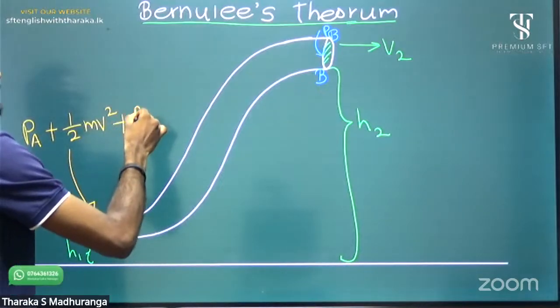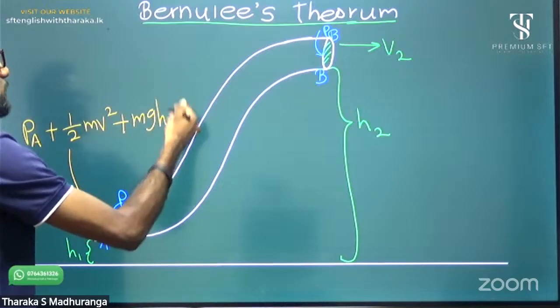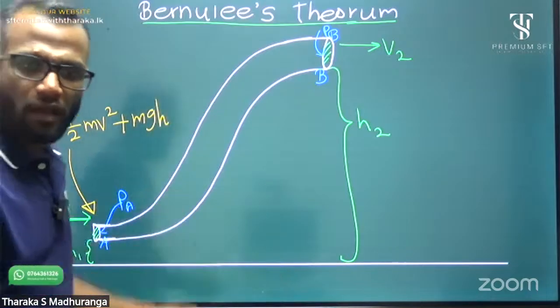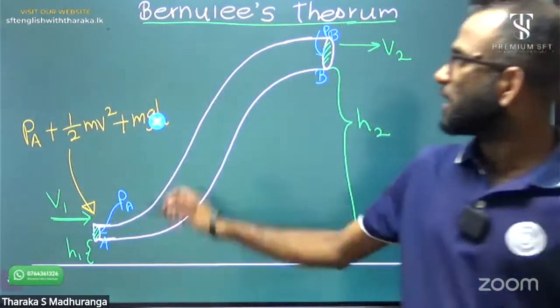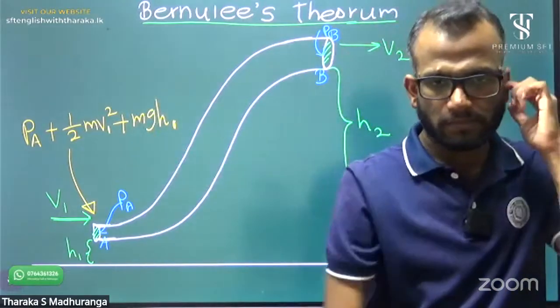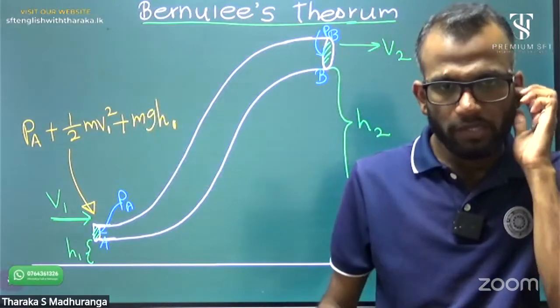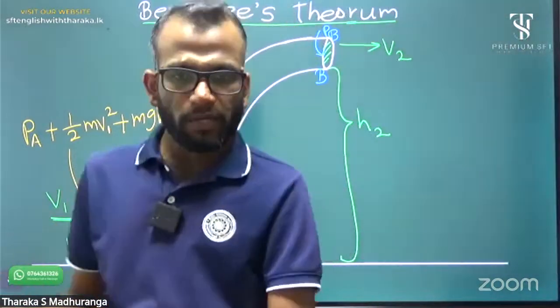Potential energy means mgh. This is the A point, so mgH1, and it is V1. Are you okay?